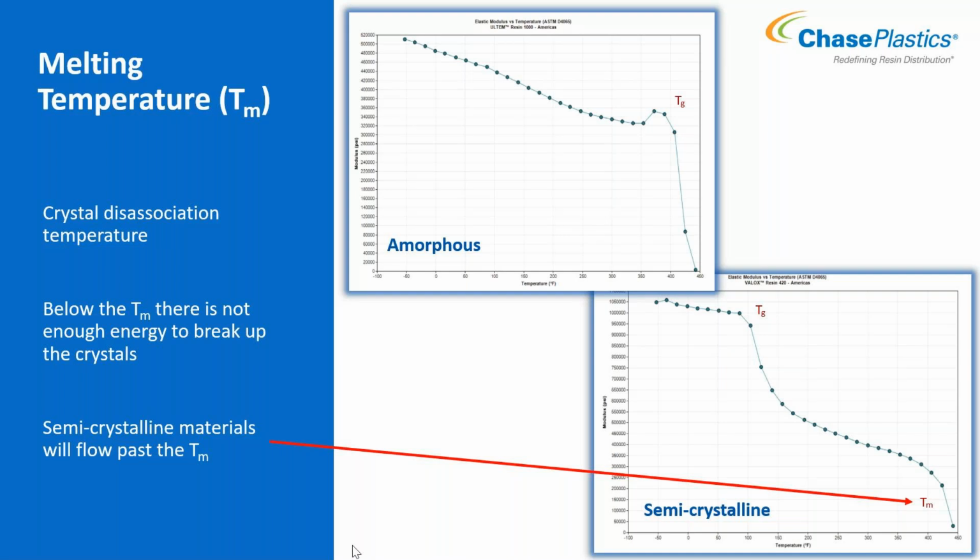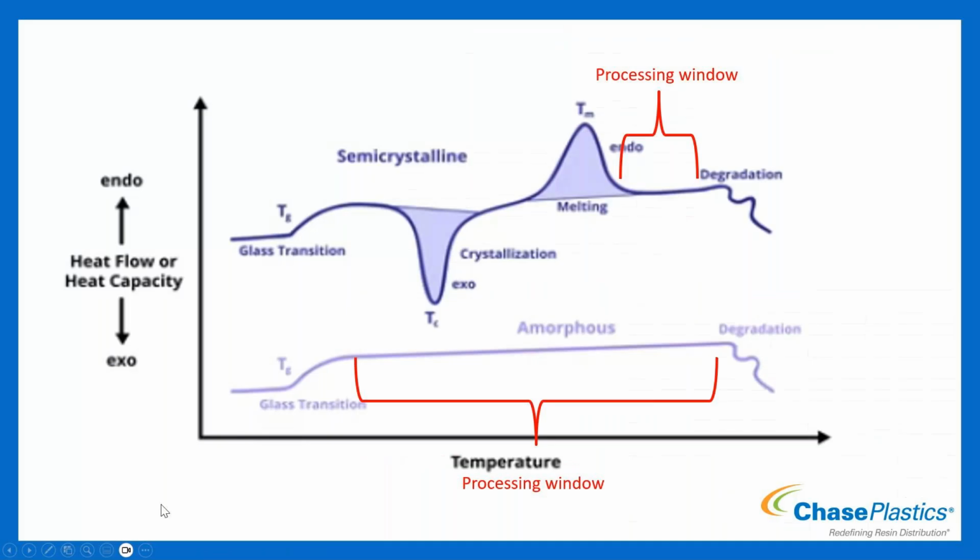So again, TG for your amorphous: because it doesn't have crystal regions, it does not have a TM. Your semicrystalline materials have a TG and a TM. If we graph that out on what looks like a DSC curve, if you were with me on my last presentation where we went over DSC curves, you can see heat in, heat out.